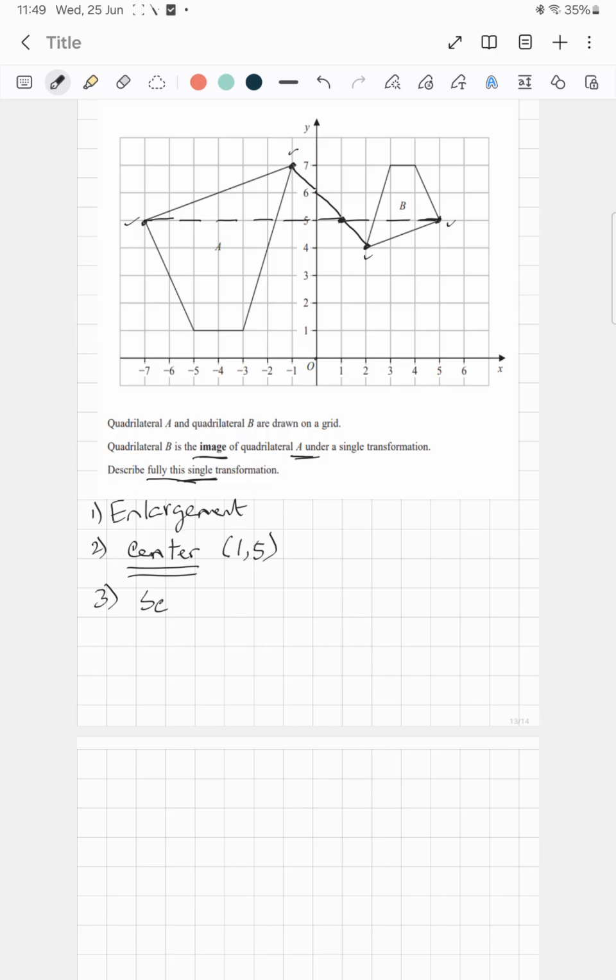Now the last part is scale. How do you find the scale? Based on this center, you take 2 points, the same 2 points. Let's say I'm taking this one and this one. So this is the object: going left, -1, -2, 3, 4, 5, 6, 7, 8.